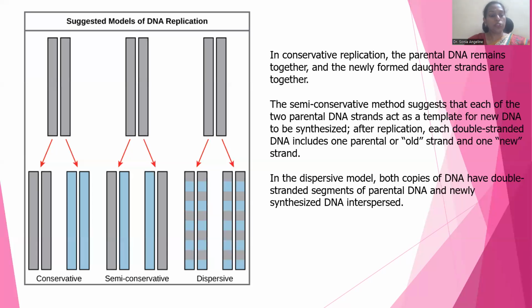This picture shows the three modes of replication: the conservative replication, the semi-conservative replication, as well as the dispersive model of replication. In the dispersive model, you can see that both copies of DNA have double-stranded segments of parental DNA, and the newly synthesized DNA is interspersed.